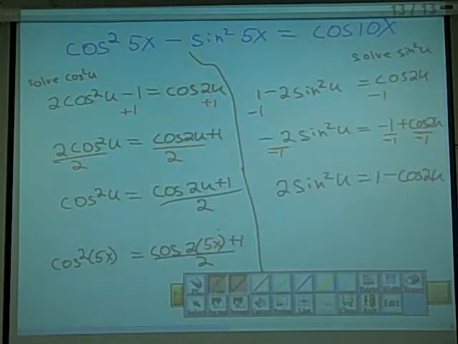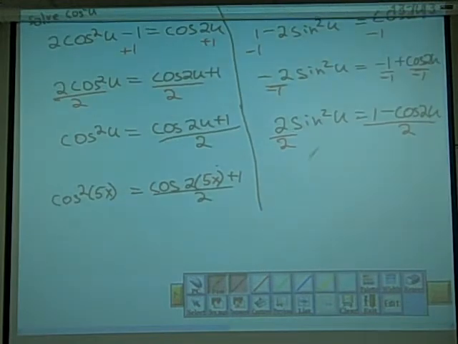All we did is change the signs. We haven't divided by 2 yet. Now we can divide by the 2. It just works out a little bit easier this way. And so we get sine squared u equals 1 minus cosine 2u, and that's all over 2.